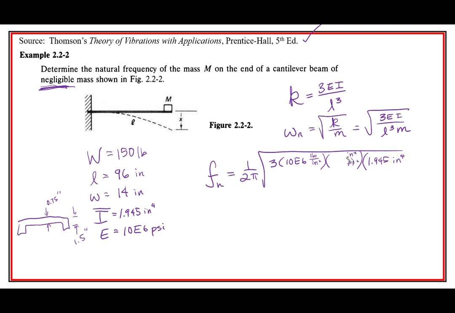So I think the solution to this is to just figure out what those units are. That's in the numerator. We'll go inches cubed right here. So this is 96 inches cubed. That's going to mess everything up.